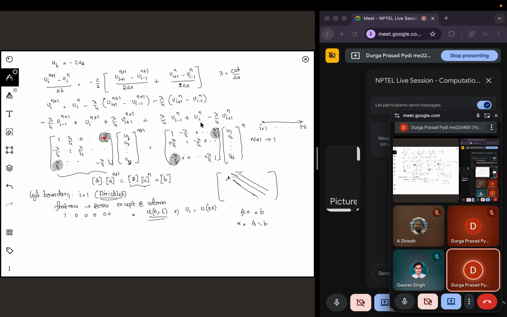So we do not have this lambda before all these things. We are not actually solving for anything else because the value is already given to us. Now at the right boundary, what happens? We have an outflow problem. So what happens in the right boundary?